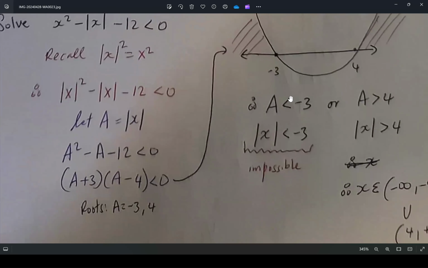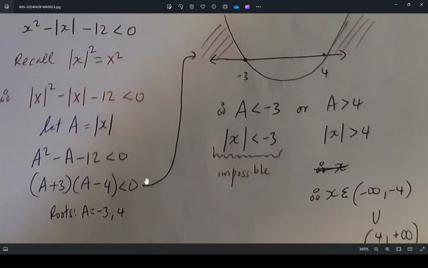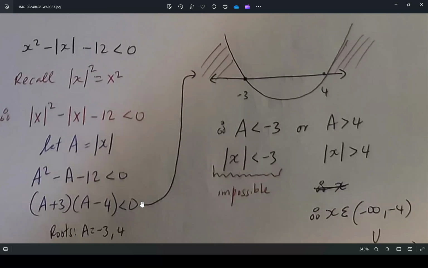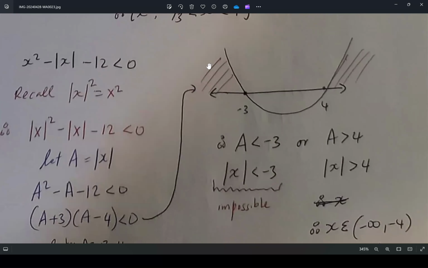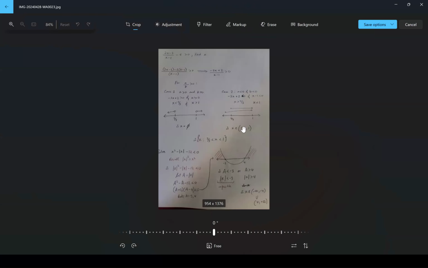Wait 1 second. Okay, so I have this graph backwards. I have less than 0, but I accidentally picked everything that was greater than 0. So correctly, I should not be looking at the part that I am looking at.